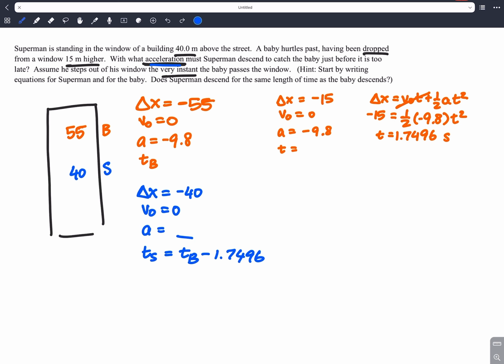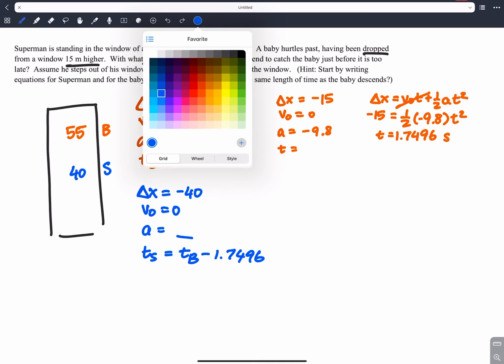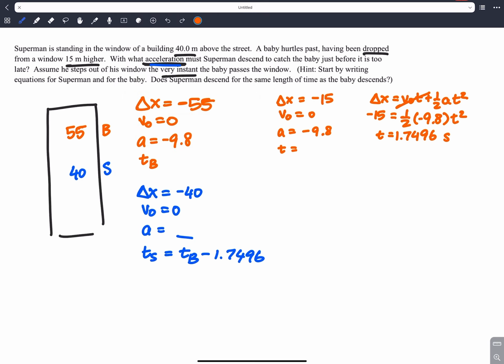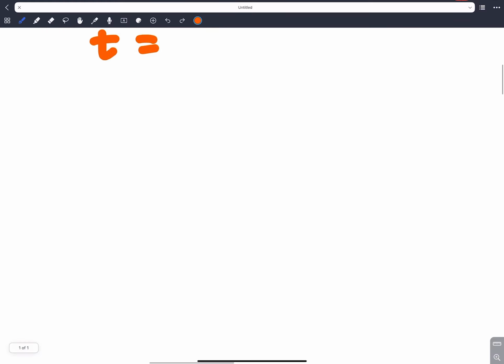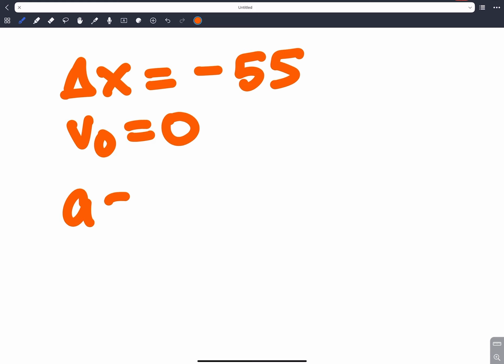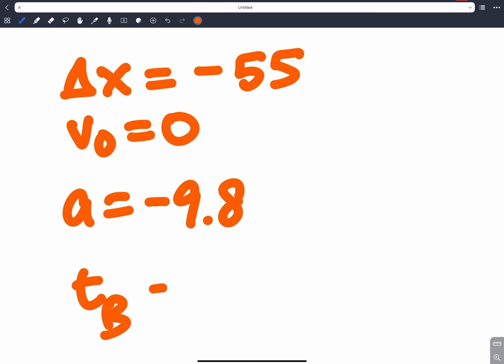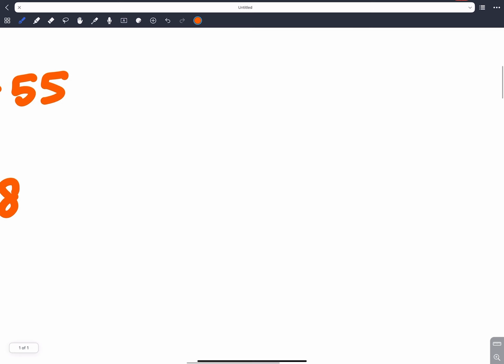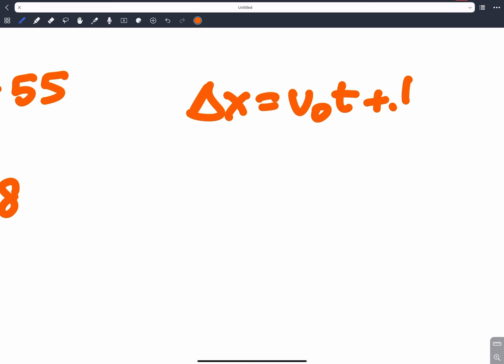Now, let's figure out the time for the baby for 55 meters. This would be change in x equals negative 55, initial velocity 0, acceleration negative 9.8, and then time for baby. We're going to use the same formula.